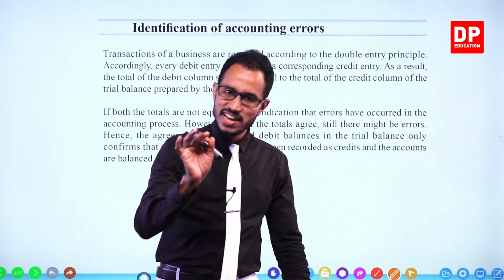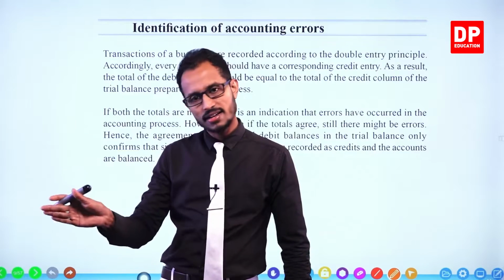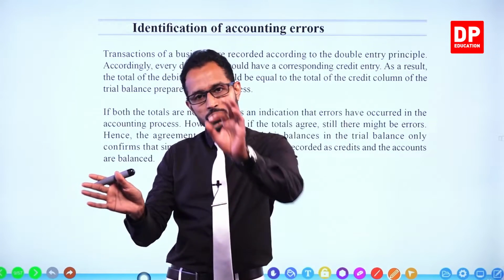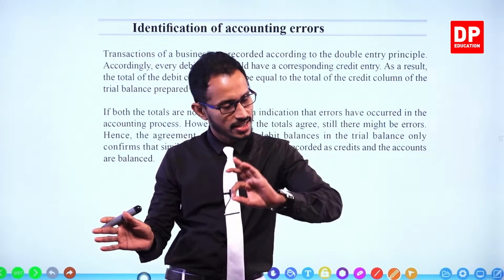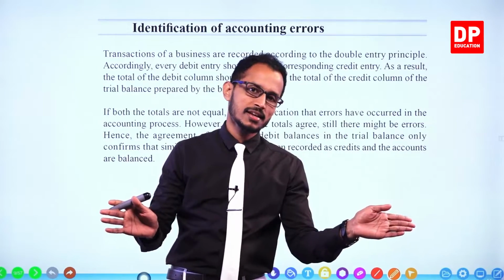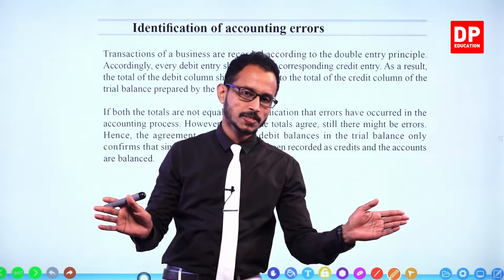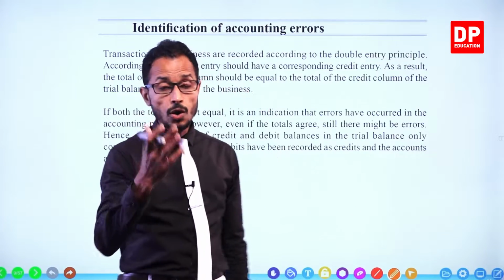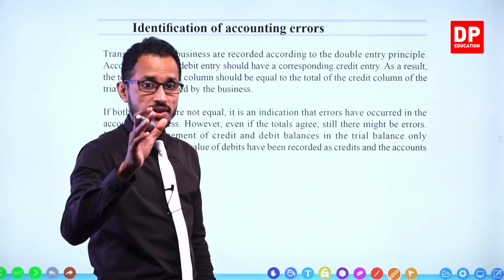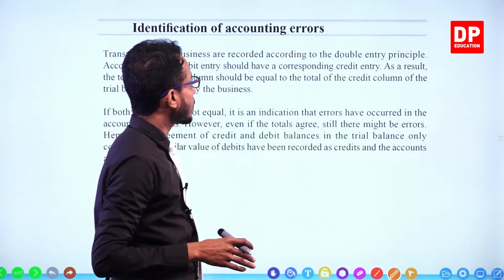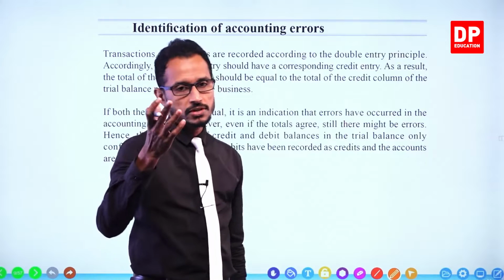Every value which you put to the debit side should have another account, and that value should go to the credit side of that account. We already learned about these things. You are very familiar, very clear with the double entry system and how it works.